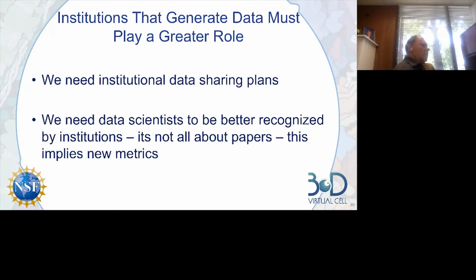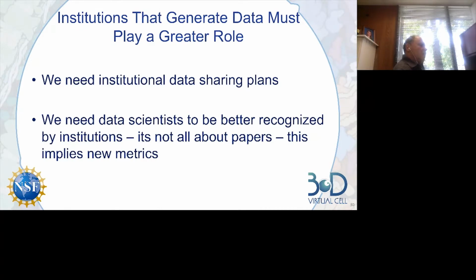And then, of course, you need people to sustain these, and they're ultimately going to have a home. So we need new metrics to evaluate these people, and some institutions, including our own, are working on this, so that we measure people, particularly data scientists, in different ways than just papers.